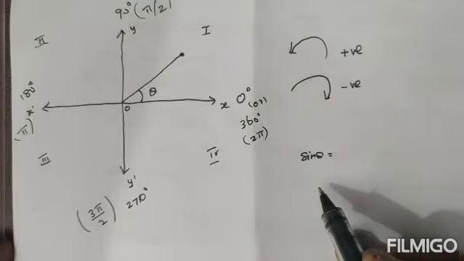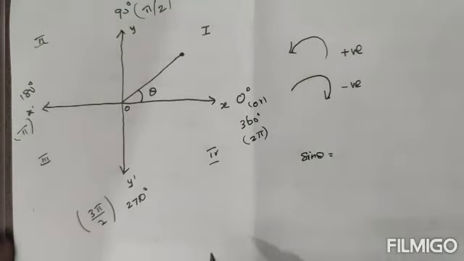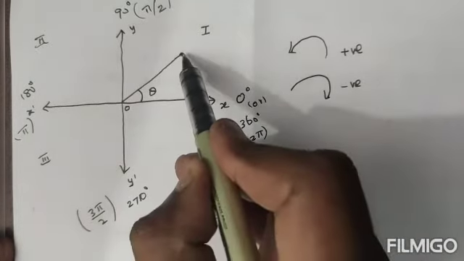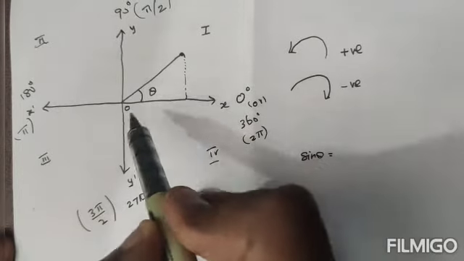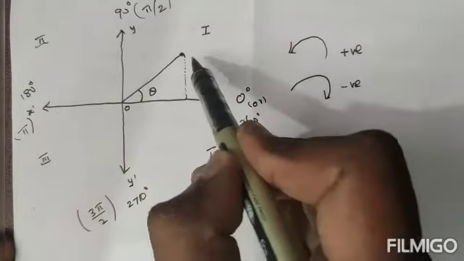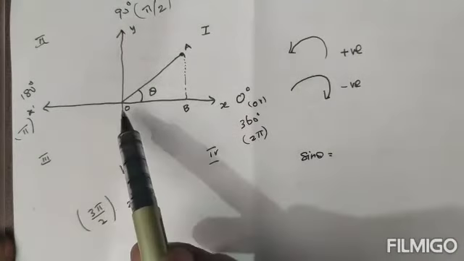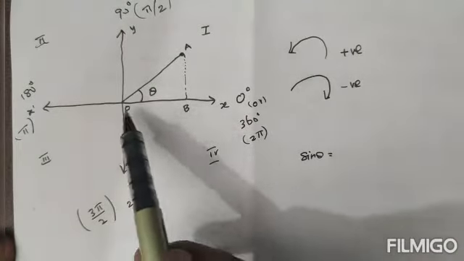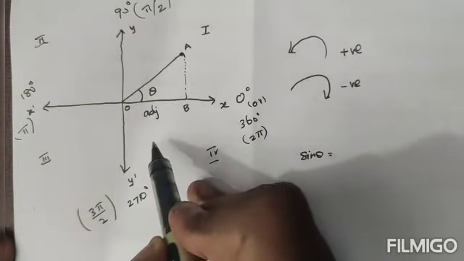Sin theta. The basic formula, you know that in the right triangle, here we make one right triangle. For example, this is O A B. This is OB, that is the adjacent side.